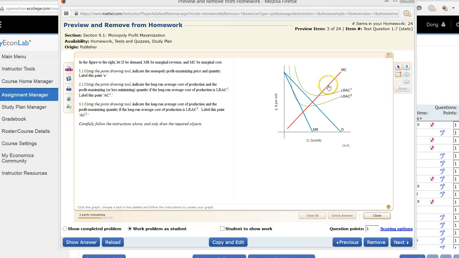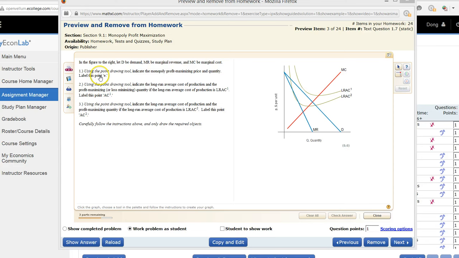We were also given the marginal cost curve, which is upward sloping, and we were provided with two possible long run LRAC, which stands for long run average cost. One is higher and two is lower. So this is information we were given.